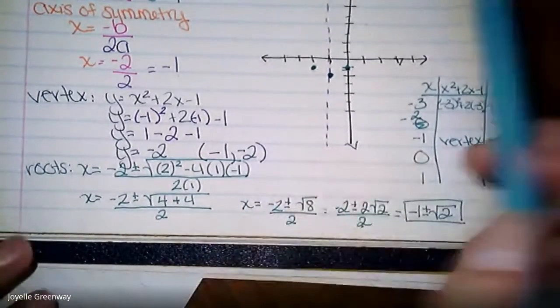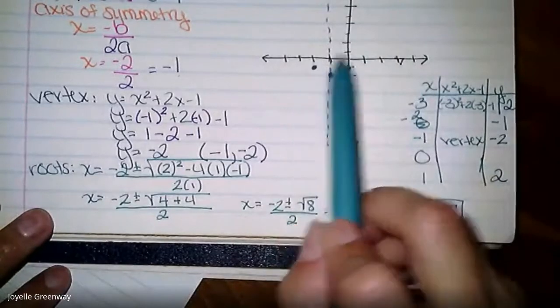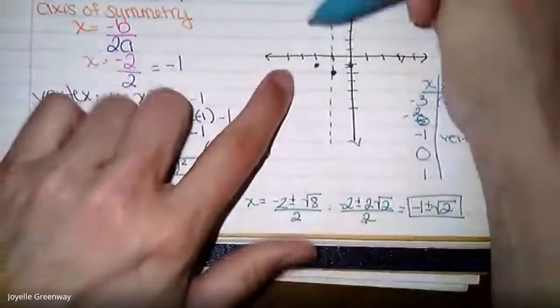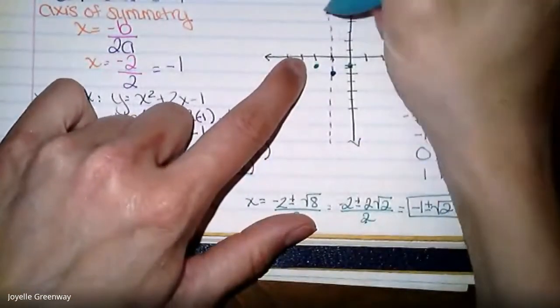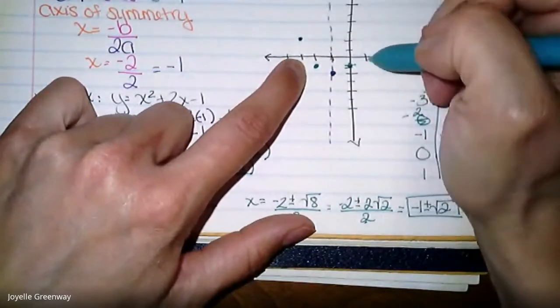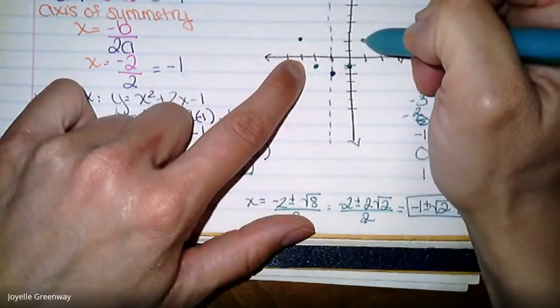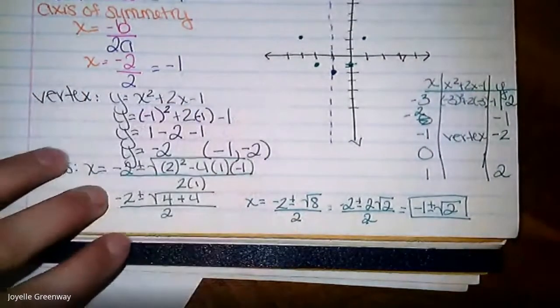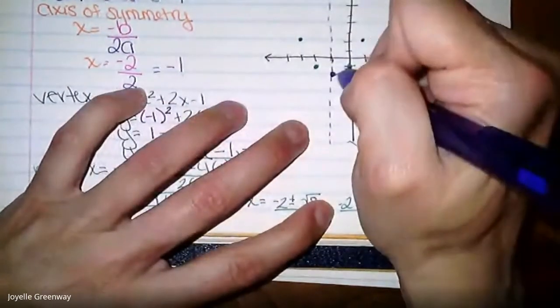So at negative 3, I have a value at 2. And at 1, I have a value of 2. And there's your parabola.